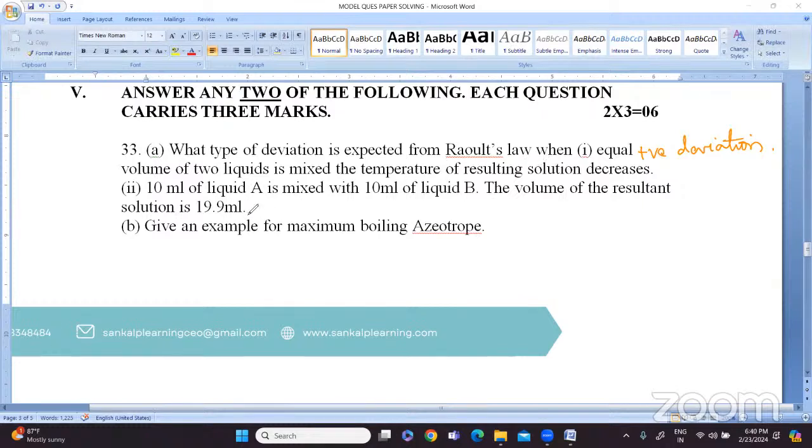What will be the deviation seen in this case? It will be a negative deviation. Okay, it will be a negative deviation.